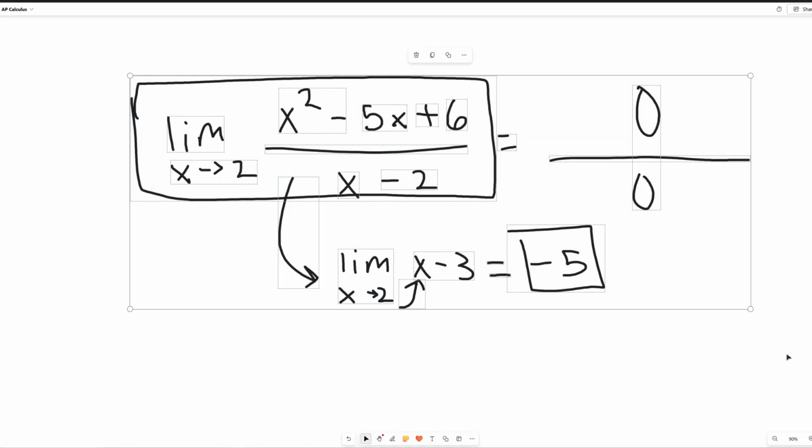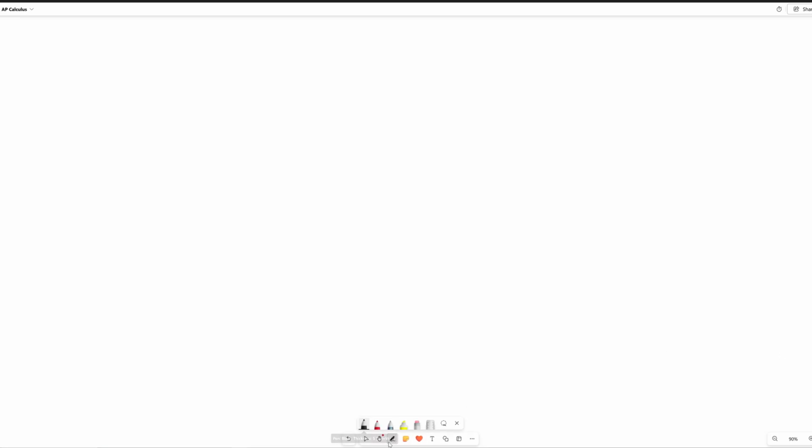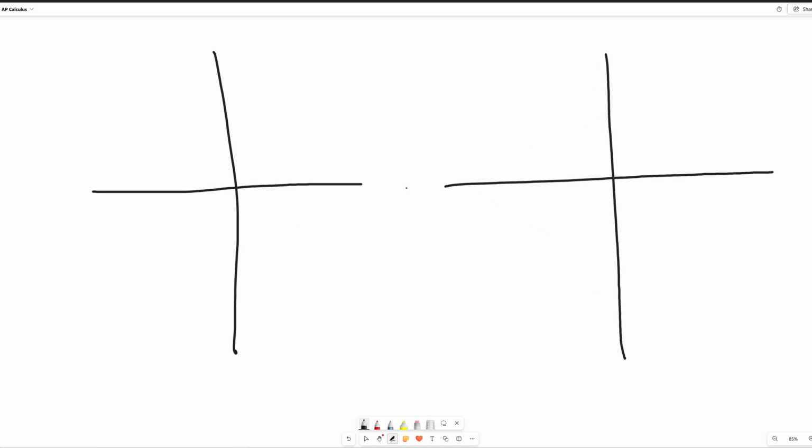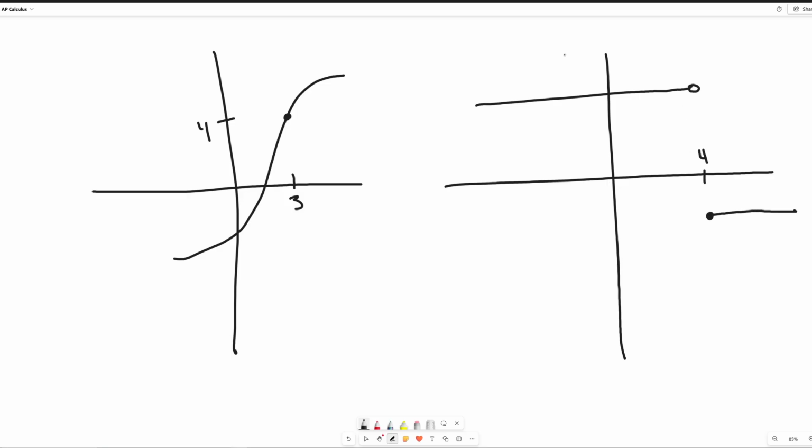Finally, we can evaluate limits of composite functions. So I'm going to give 2 graphs here. I'm going to give g of x, which is the one that I'm going to be changing. And then this is going to be f of x.